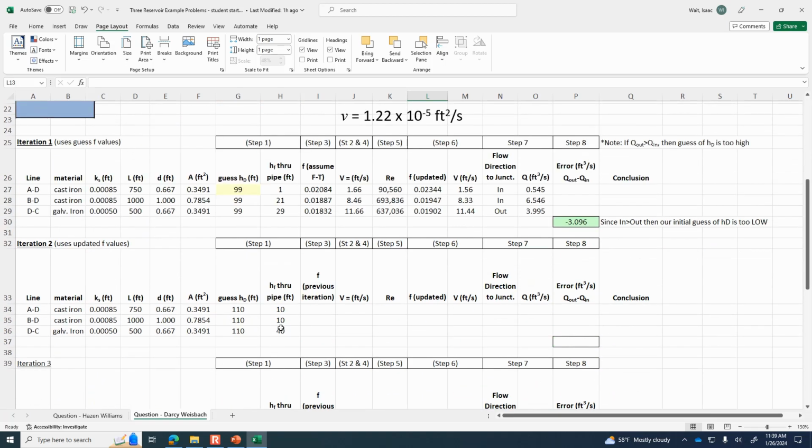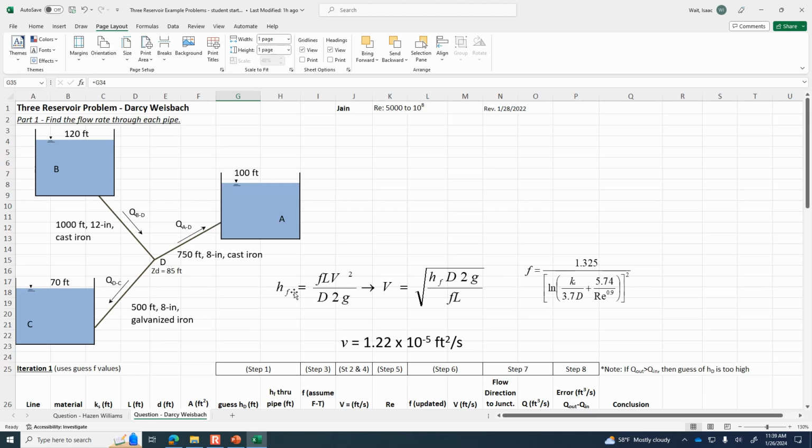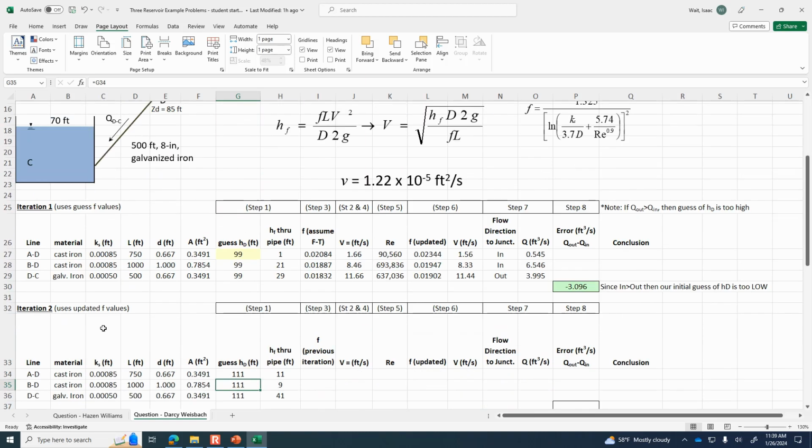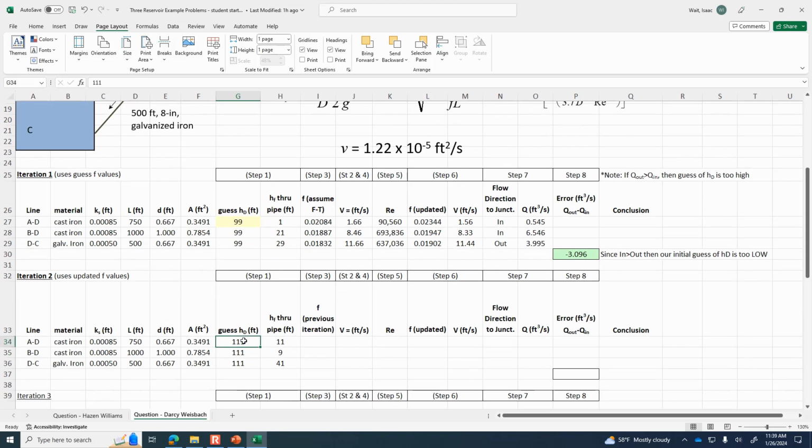But it's 10 feet of head through pipe AD, 10 feet of head through BD, and maybe you'd be able to see it easier if we said 111. Then it's 11 feet of head through this one, 9 through that one, and 41.